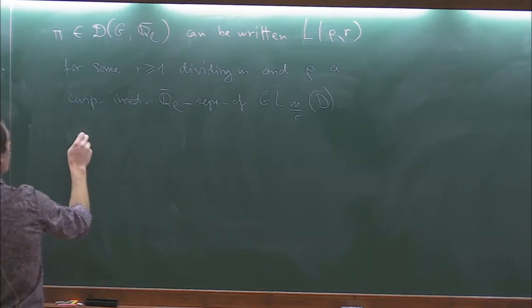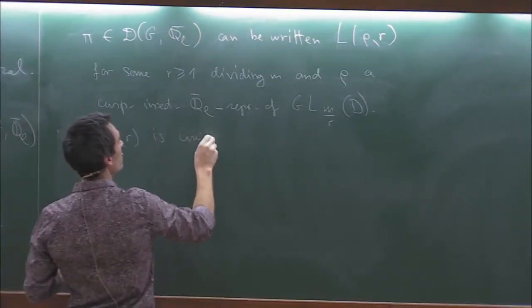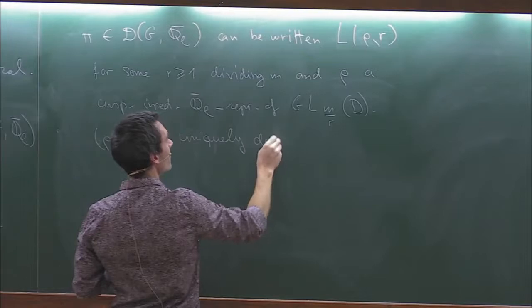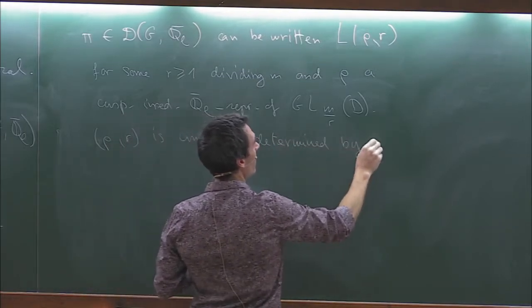And the pair (rho, r) is uniquely determined by pi.